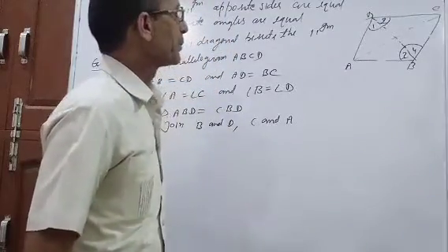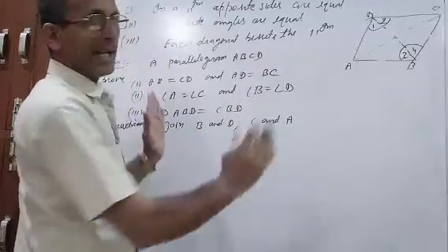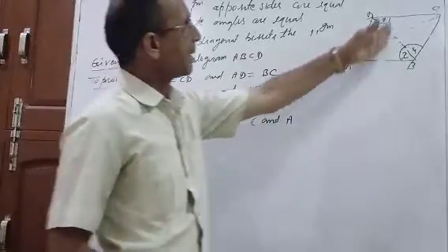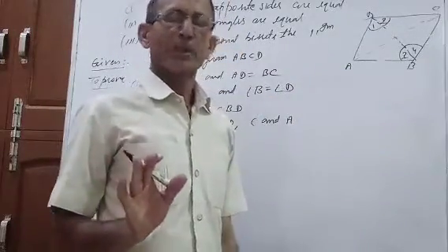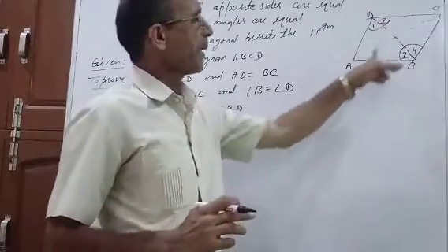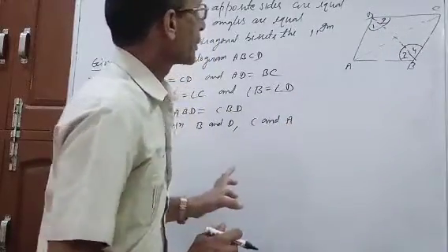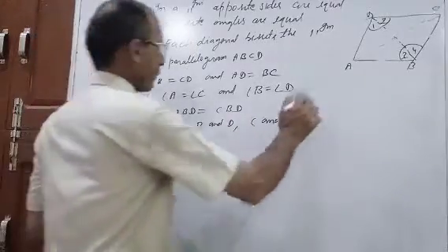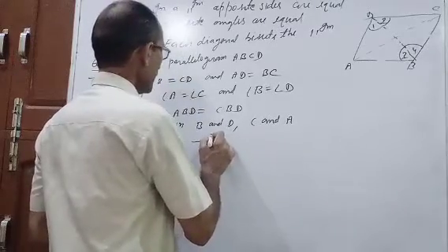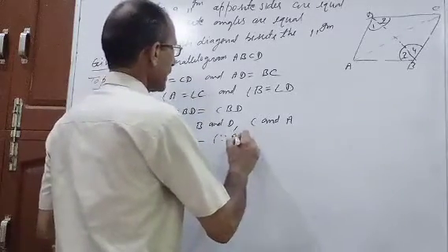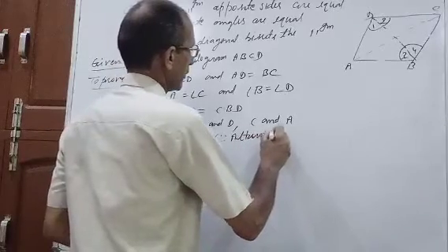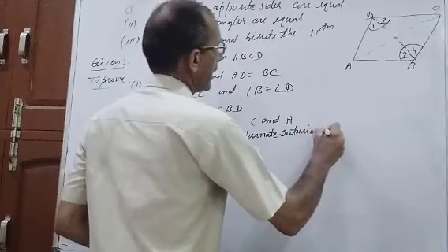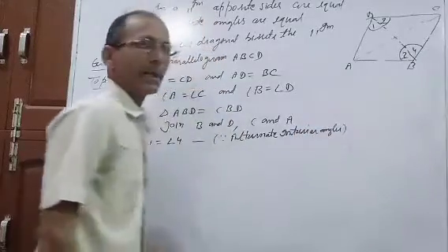Now how will we prove? What is given? A parallelogram. Opposite sides of a parallelogram are parallel. So angle 1 is equal to angle 4, and you have to give the reason: alternate interior angles.